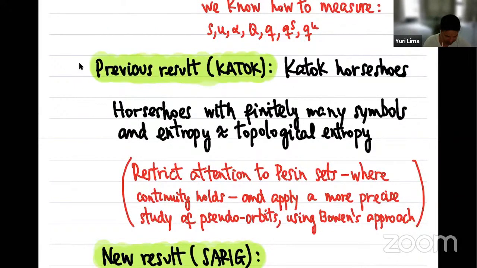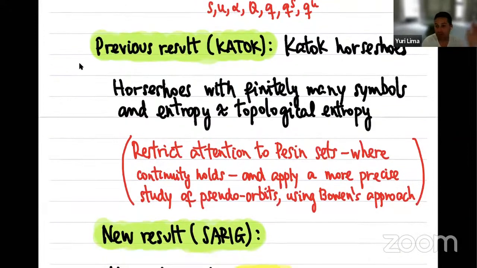Okay. So the idea of Katok was like that. Things vary measurably, but on large sets, they vary continuously. So I restrict attention to these large sets and apply Bowen's approach using the notion of pseudo orbits. He indeed needs a more precise version of pseudo orbits.